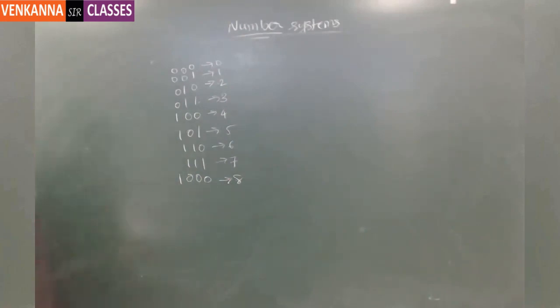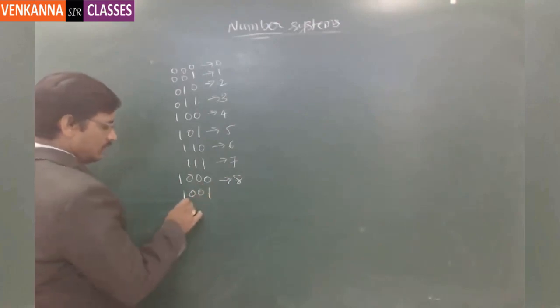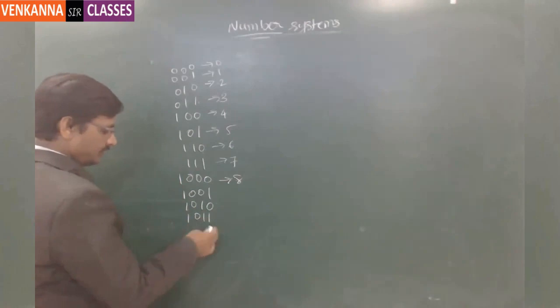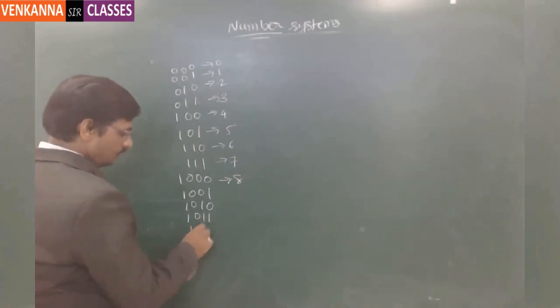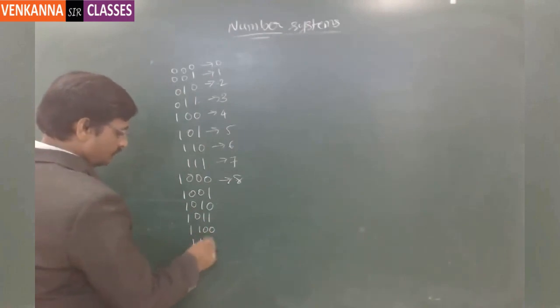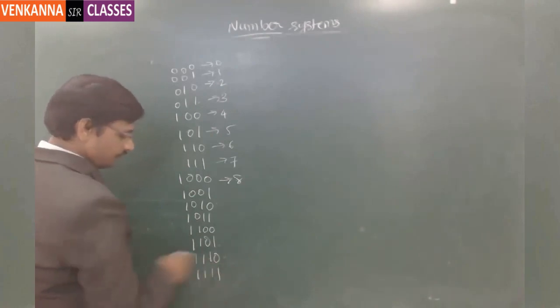So like this, this is 1001 and then 1010 and then 1011 and then 1100, 1101, 1110 and then 1111.